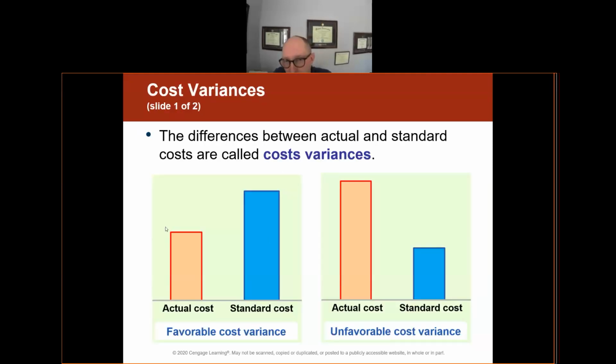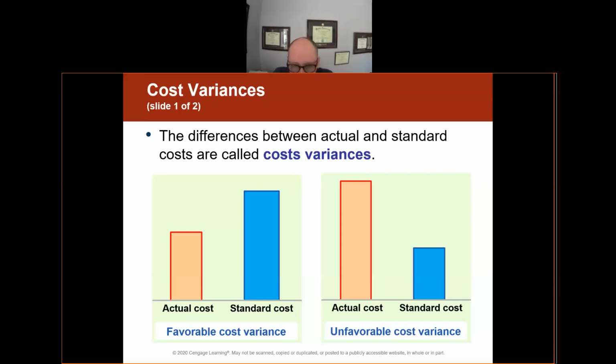So here's how the cost variance part works. As I said earlier, the word variance means the difference. Okay? So we take our actual and compare it to our standard throughout the year, throughout the accounting period.